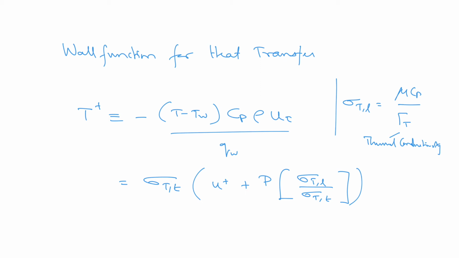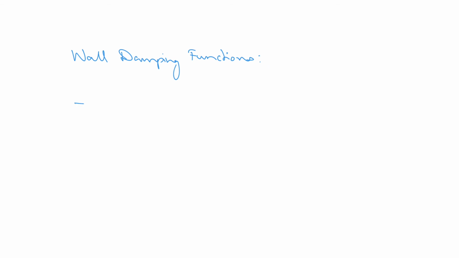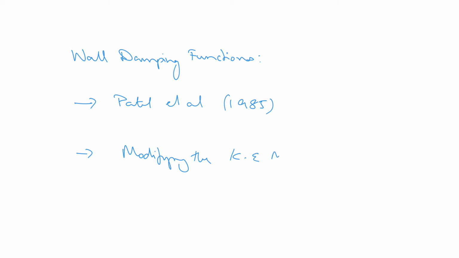So whatever we have discussed till now, that is the wall function for non-isothermal and isothermal flow, this will not work. This wall damping function is developed by Patel et al. in 1985. It is done by modifying the K epsilon model for low Reynolds number flows.